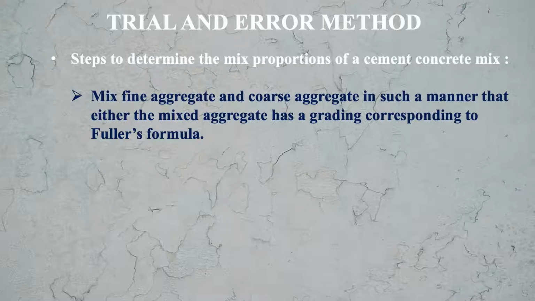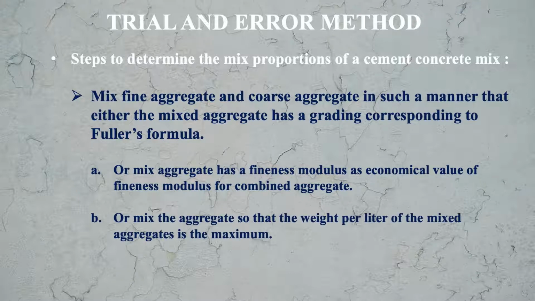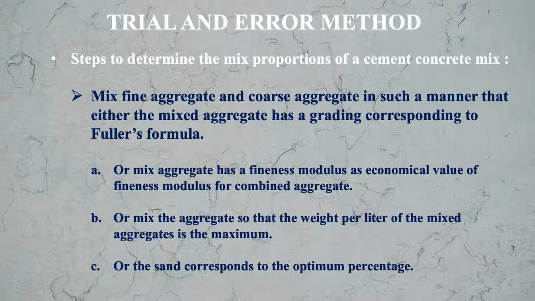Next step is to mix fine aggregate and coarse aggregate in such a manner that either the mixed aggregate has a grading corresponding to Fuller's formula, or the mixed aggregate has an economical value of fineness modulus for combined aggregate, or mix the aggregate so that the weight per liter of the mixed aggregate is the maximum, or the sand corresponds to the optimum percentage. So these are the different criteria.